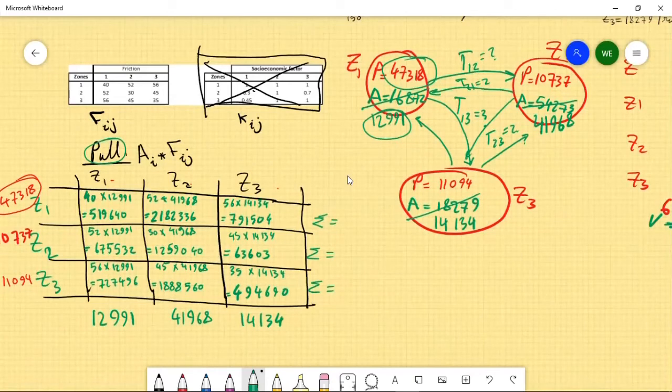The first one is how much? 349,348,0. Good. And the second one?